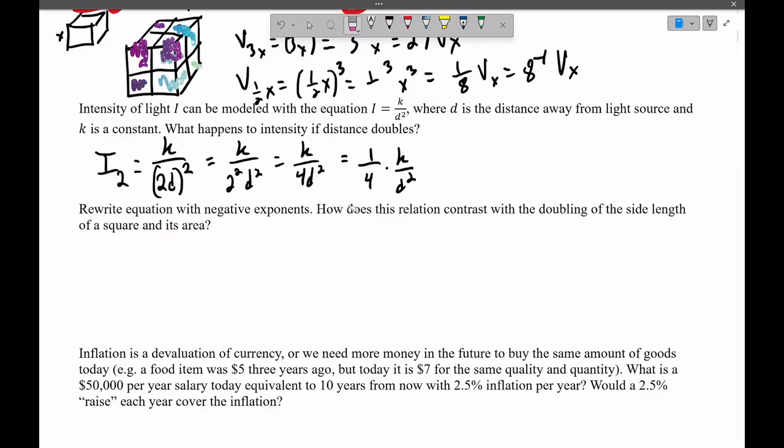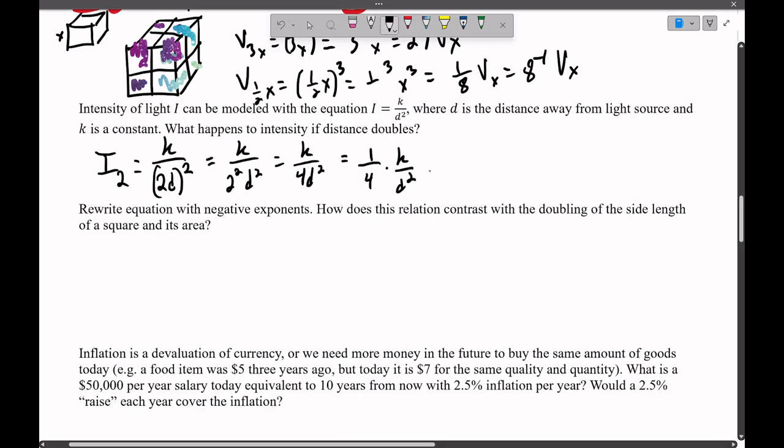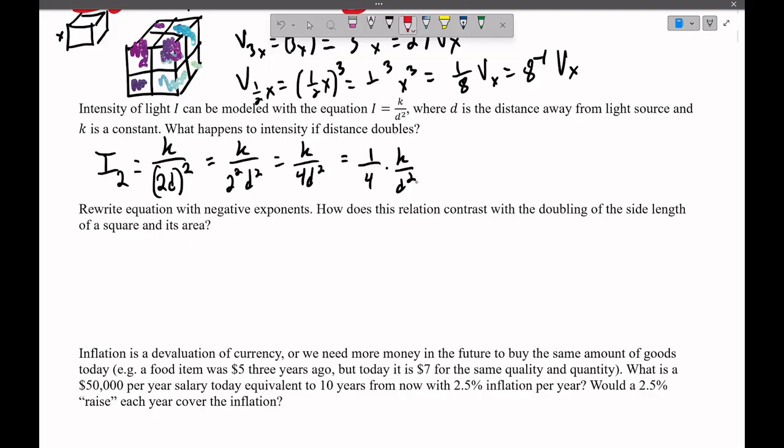So they are effectively the exact same thing. But now you can see that this portion here is just the original intensity that we were talking about. So we get 1/4 times I. So if we double the distance, the intensity becomes 1/4 of the amount, right? If you take a light source further away, it's not as bright, which makes sense.